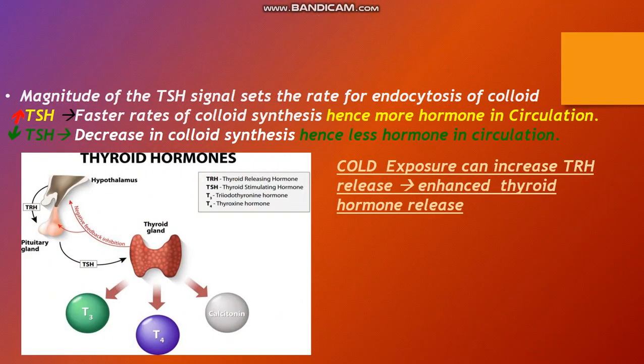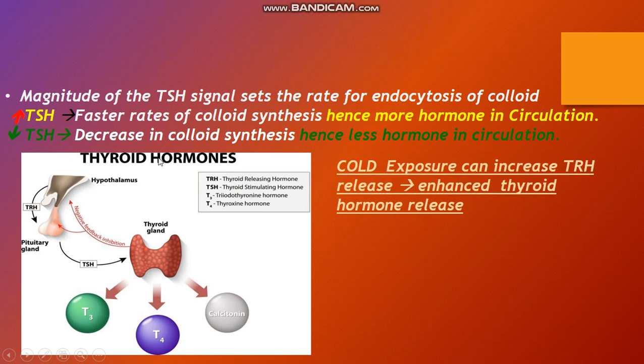The magnitude of the TSH signal sets the rates of endocytosis of the colloid. TSH fosters rates of colloid synthesis, hence more hormone in circulation. If TSH decreases, colloid synthesis decreases, hence less hormone in circulation. Cold exposure can increase TRH release, enhancing thyroid hormone release.